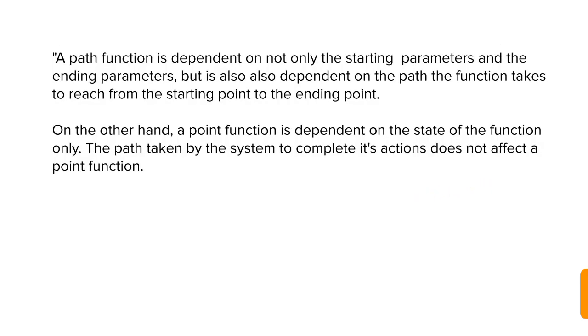A path function depends not only on the starting and ending parameters, but also on the path the function takes to reach from the starting point to the end point. On the other hand, a point function depends on the state of the function only. The path taken by the system to complete its action does not affect a point function.